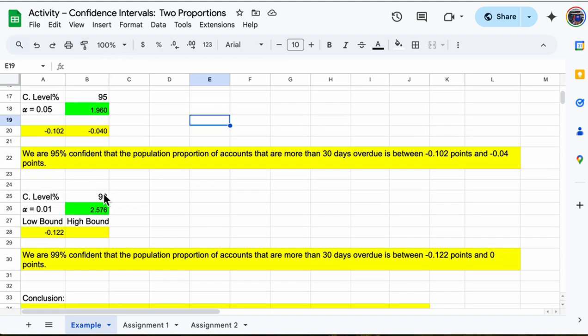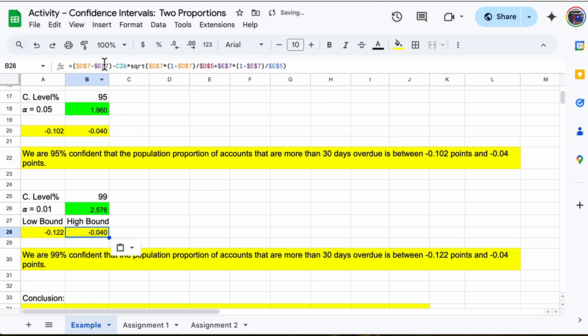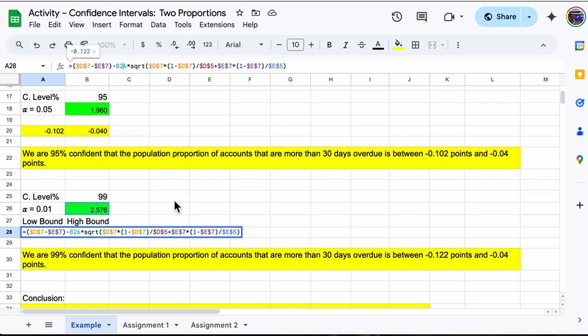And if you wanted to do it all in one shot, you could copy them both and you'll be fine. Just checking what it's pointing to. It's pointing to B26. And we have the minus, and all these other things accounted for, again the D7s, E7s, and so on. So we're good there.